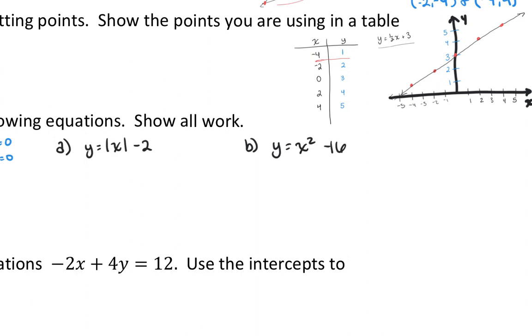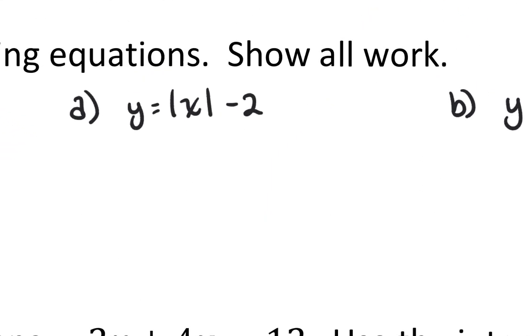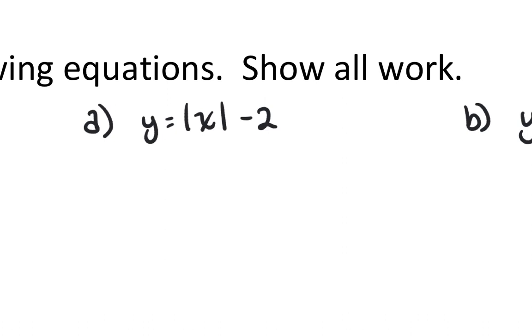So for this first one, if we want to find our x-intercepts, we need to set our y to 0. So if we set our y to 0, we'd get something like that. And we can move stuff around. So we get the absolute value of x is 2, which means there are two answers. X is 2 and x is negative 2.